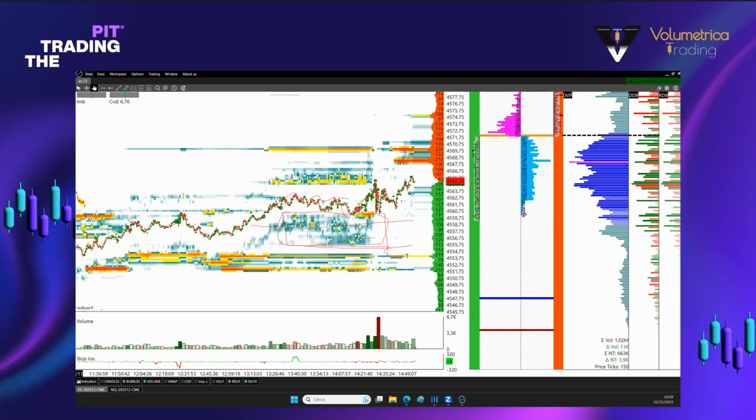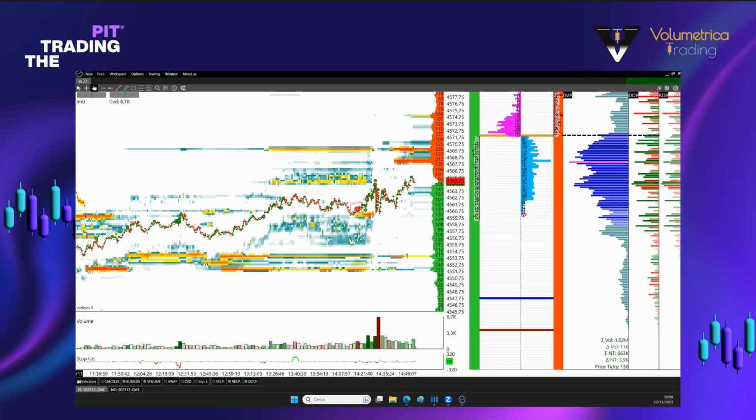Then what do we see here? Price trades this area, and liquidity right below price is thickening. We can see that colors become darker, more intense, and suddenly, what's the next clue?